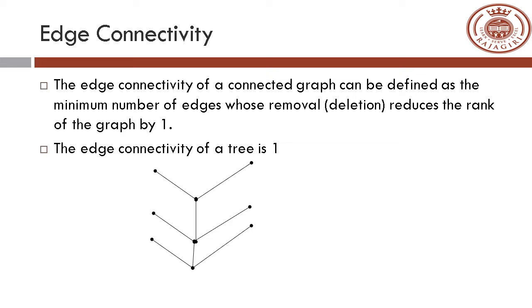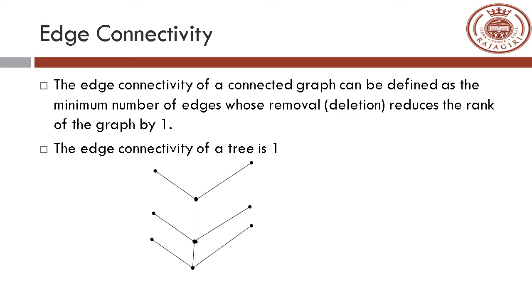If we delete the minimum number of edges from the graph, we get one more component. Then the rank is reduced by 1, meaning the rank of the graph will be n minus k minus 1. In other words, for a connected graph, the number of components is equal to 1, so the rank of a connected graph is equal to n minus 1.